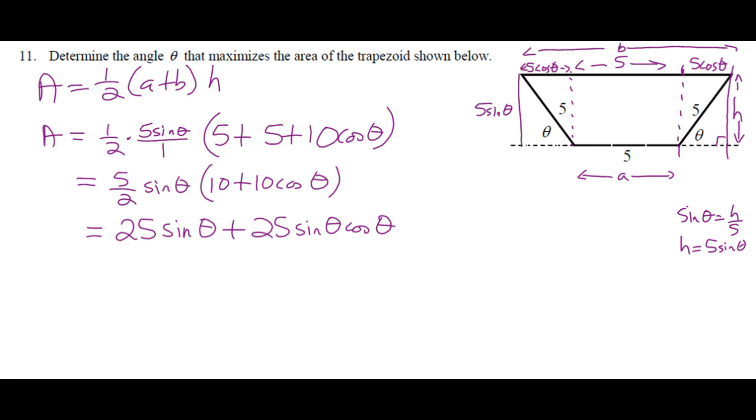But wait a sec, I've seen that sine theta cos theta before, right? So then you go 25 sine theta plus 25 halves sine 2 theta.